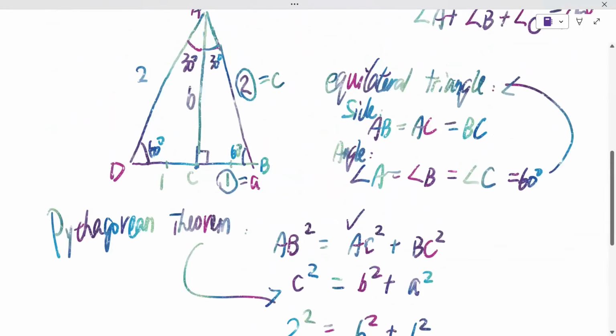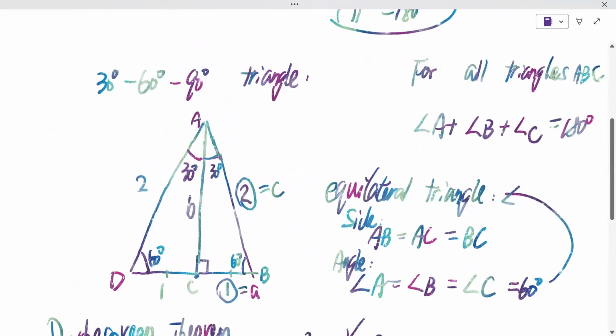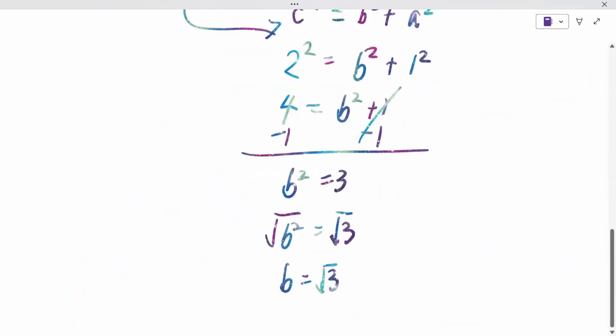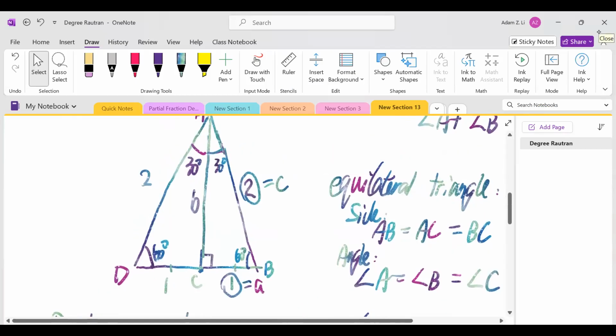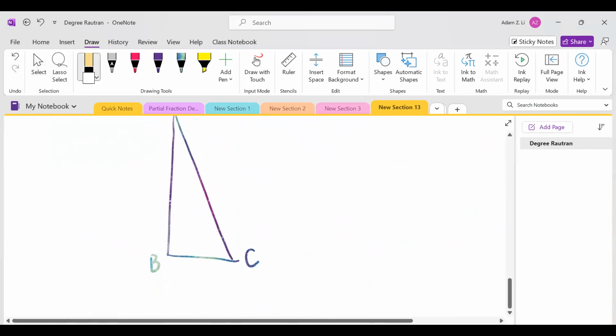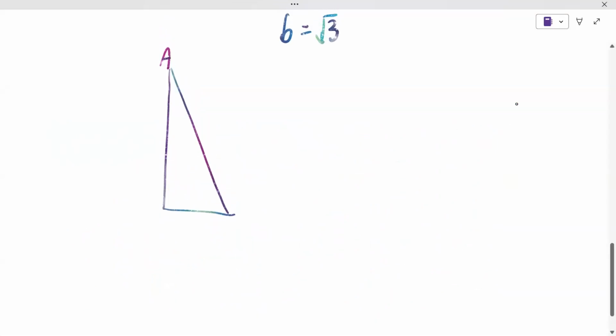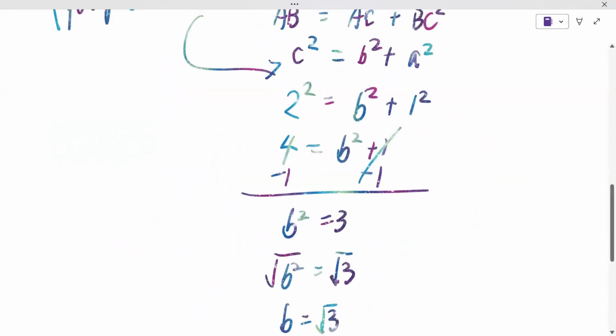Now basically we find out the relationship for the 30, 60, 90 degree triangle, and we get something like this. This is AC, this is c.